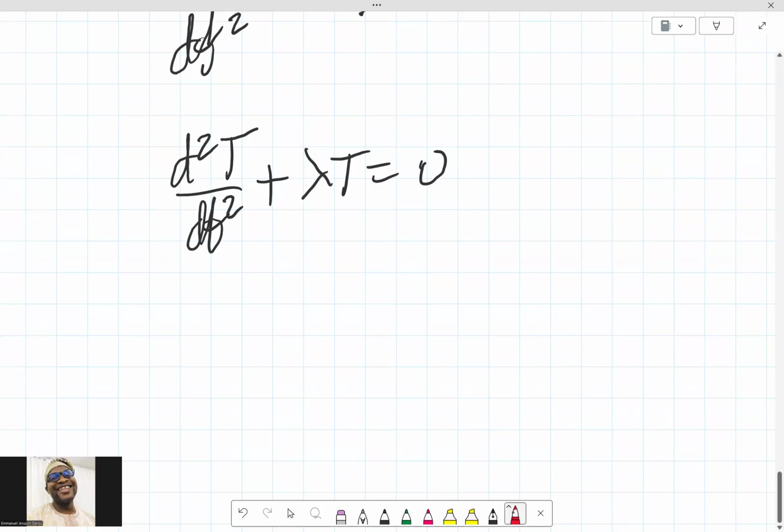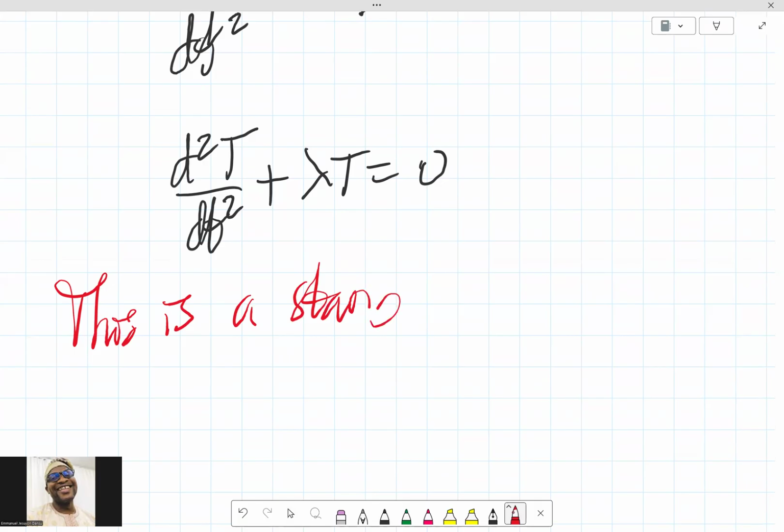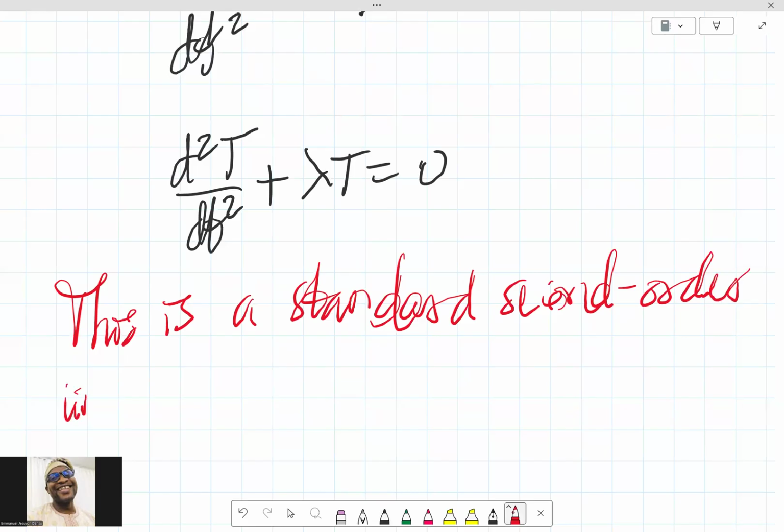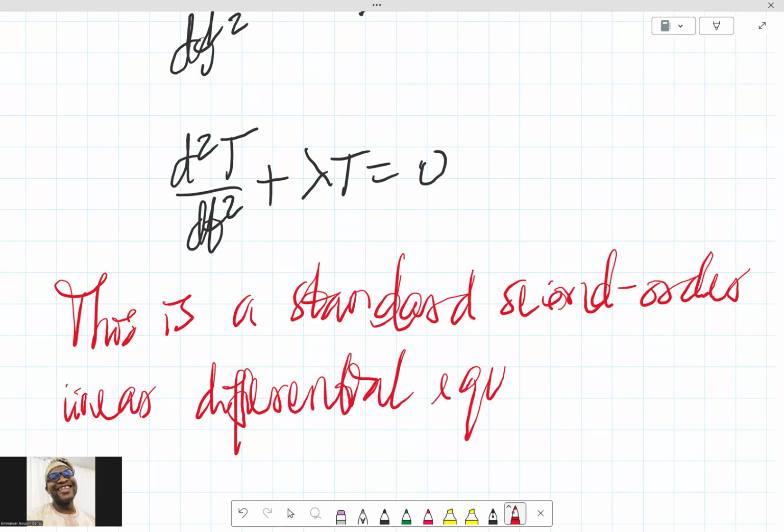This is a standard second order linear differential equation, from what we've been doing so far, like if you check the general differential equation playlist.